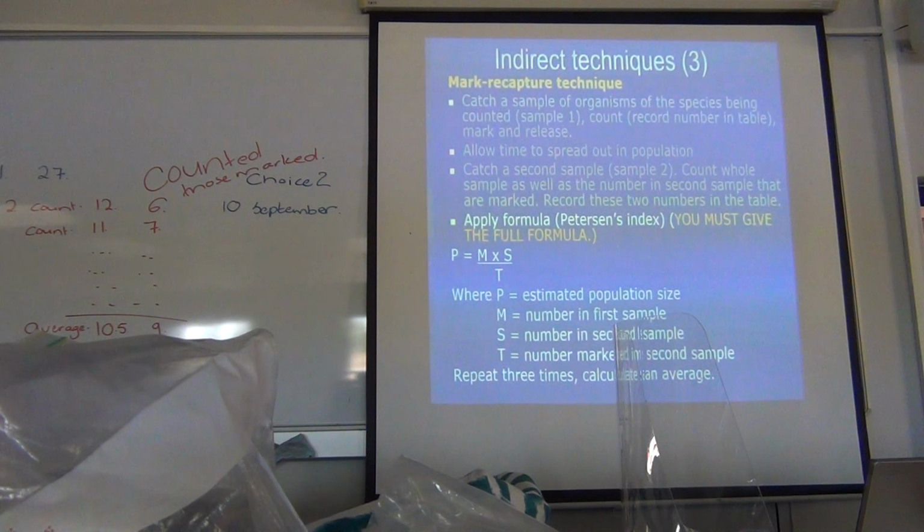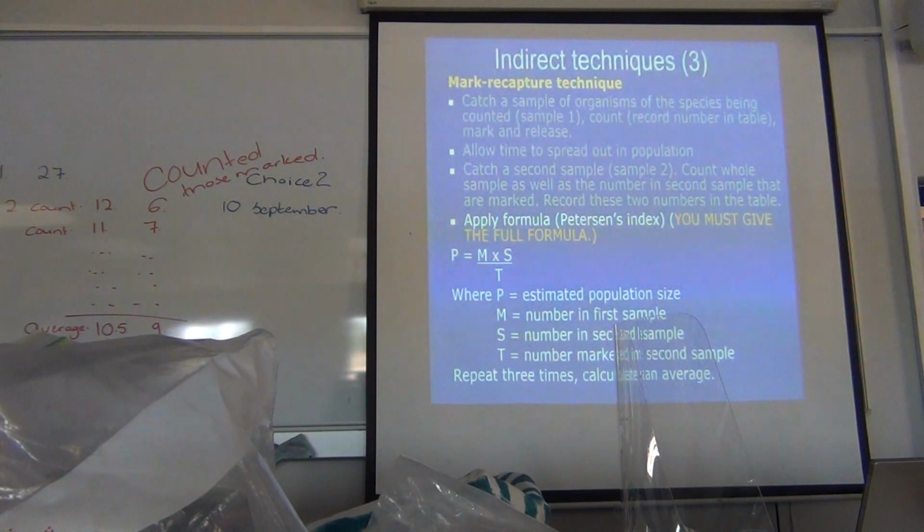Now, your answering of questions is not ideal. The way this question is worded, you have to give both sides of the story. So I asked, is it a direct or an indirect technique, and why? You have to say indirect because a sample is counted, a formula is applied, and the number is calculated as an estimate.